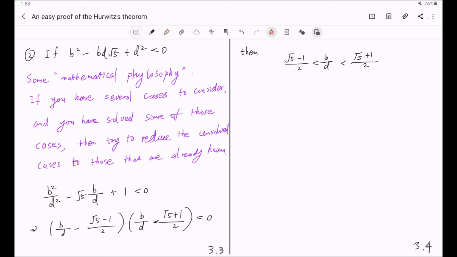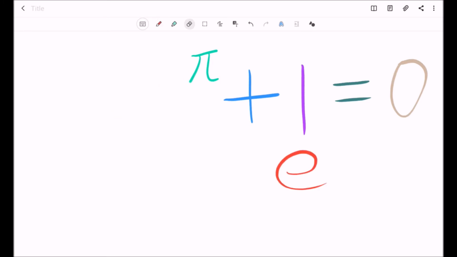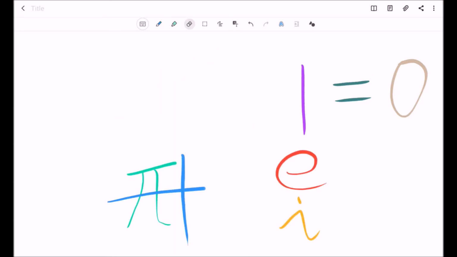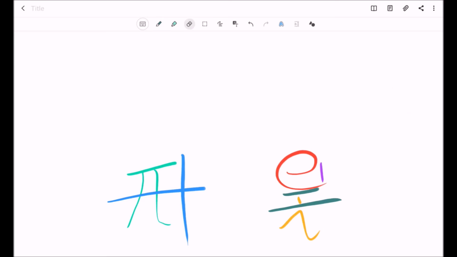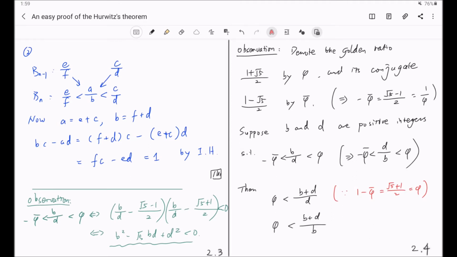So you might want to pause this video for a while. Okay, now I will tell you the answer. The observation I meant is this one. This says you can manipulate the relations between the golden ratio and the rationals by adding 1.